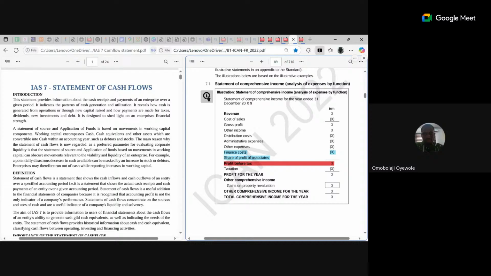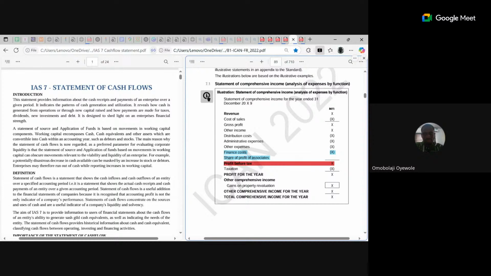There's a profit that we call profit before interest and tax. That's the profit before we take into consideration any finance cost. Finance cost is charged from the profit before interest and tax to help us get to profit before tax.